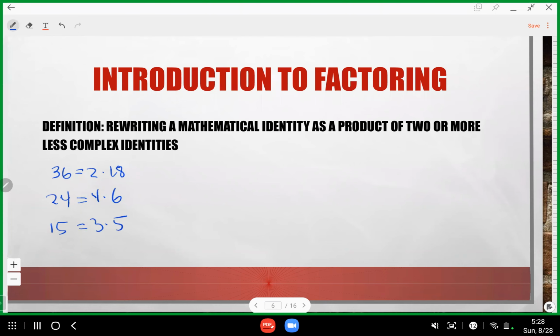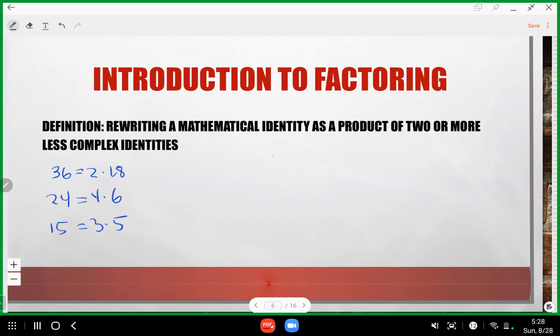We can factor that a lot of ways, and most of us should know that, because you learn this in elementary school. It's very basic stuff. But now we're taking it to a different level.